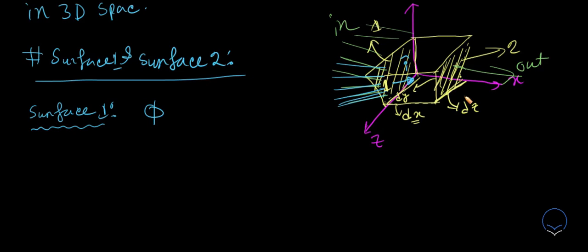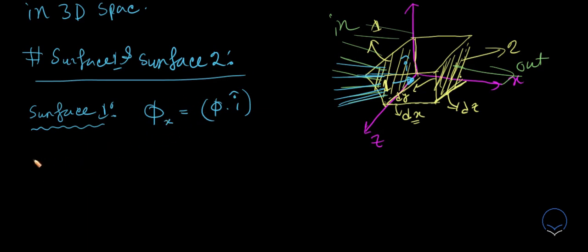So we need to find the x component of this phi. The x component will be denoted phi of x, and it can be easily obtained through the dot product with the unit vector along the x-axis. This is the fluid flow per unit area per unit time.